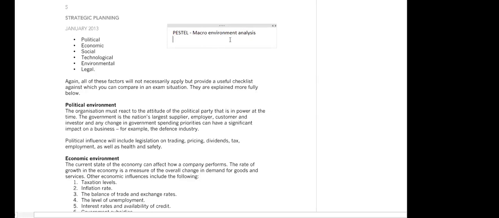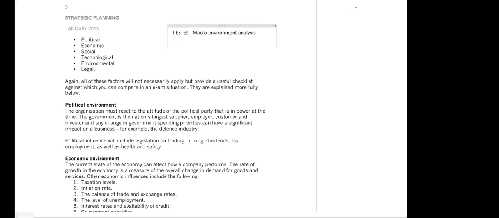Now, it is important to understand in the first place why you're studying PESTEL. Why isn't it just enough that if a business has a lot of strengths and is successfully overcoming its weaknesses, then that should be all about its position? Why is it that we're so worried about the external environment? The reason is that a business entity is not operating in isolation.